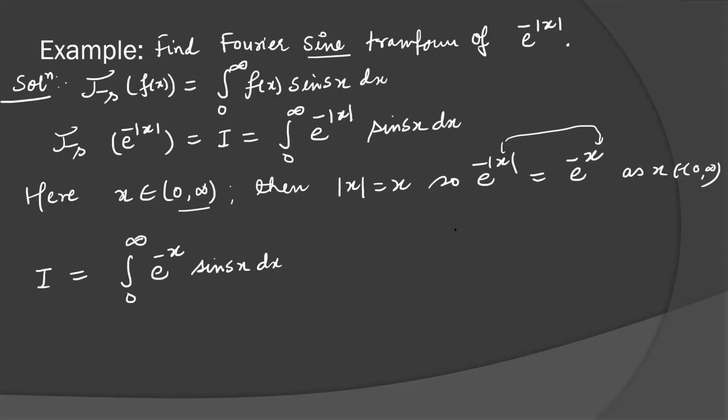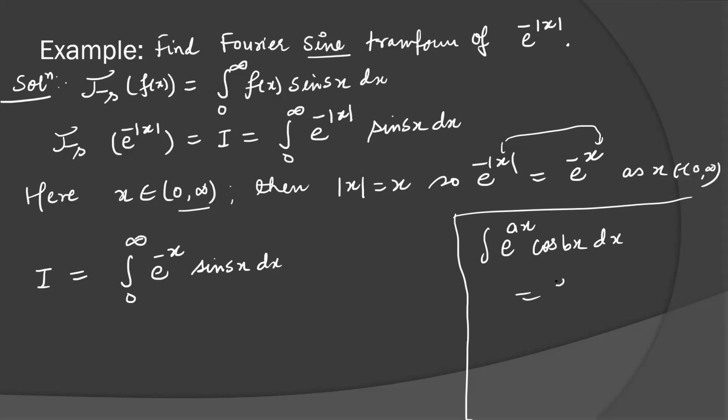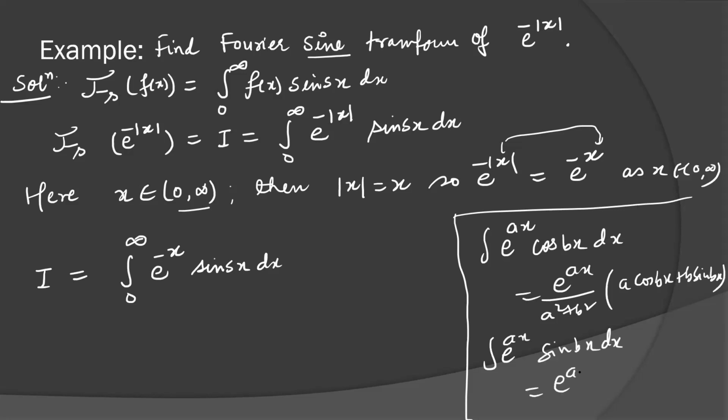Now I am going to revise from my integration lecture. I told you two important results: the integral of e to the power ax cos bx dx equals e to the power ax over a square plus b square, times (a cos bx plus b sin bx). And the integral of e to the power ax sin bx dx equals e to the power ax over a square plus b square, times (a sin bx minus b cos bx).